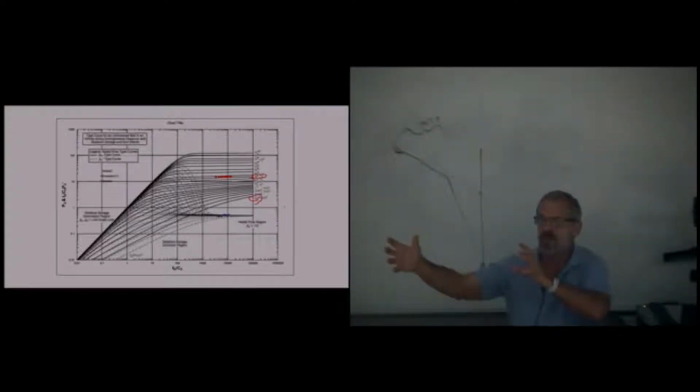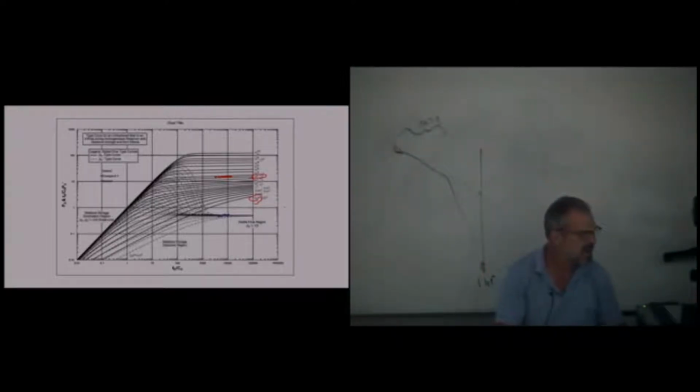Even if I shift it way to the right or way to the left, I'm still in a pretty tight band there, up and down this scale here, of C sub D e to the 2s.